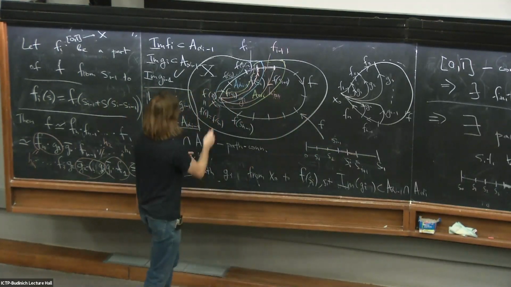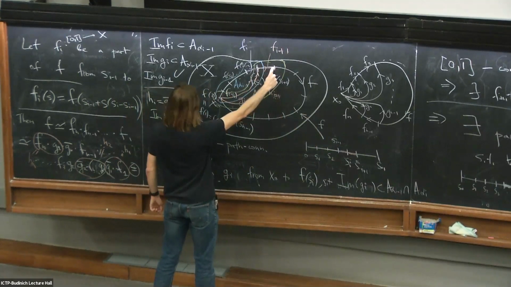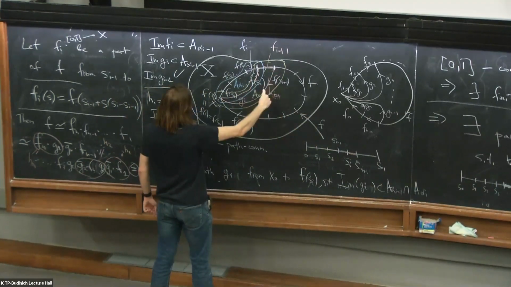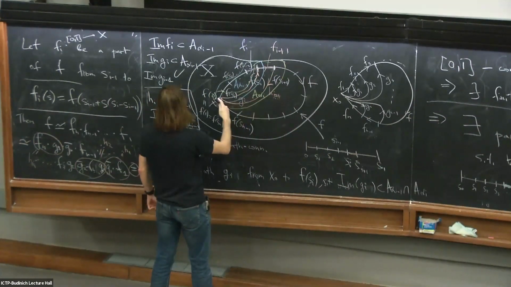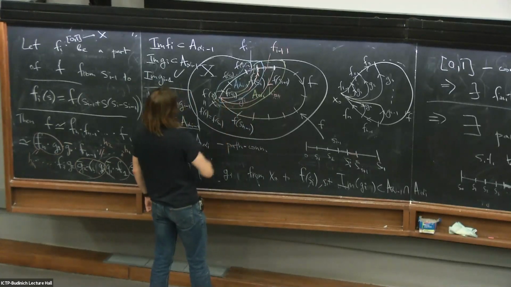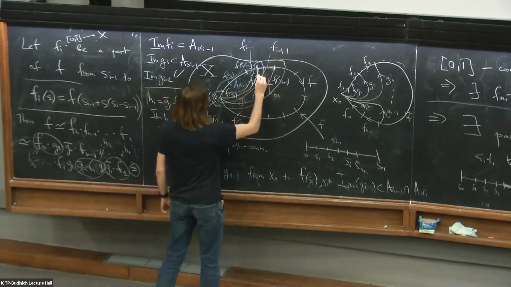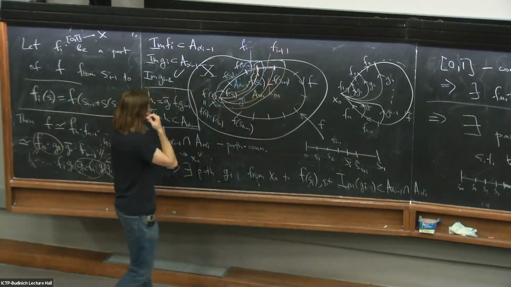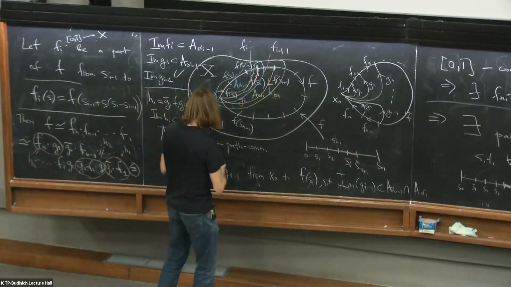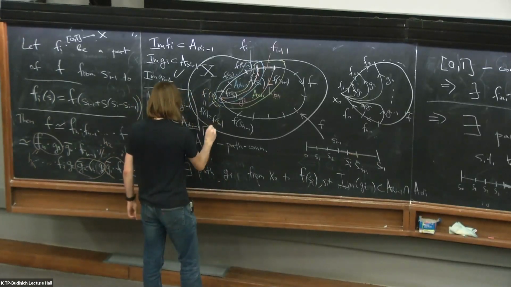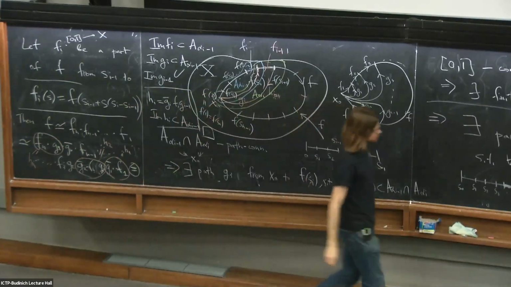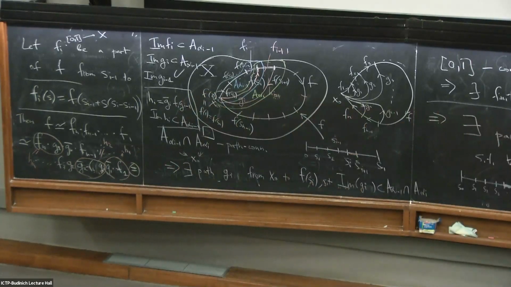It follows first Gi, then it follows Fi plus 1, and then it returns along Gi plus 1 bar. This is our loop, and by construction it belongs to one of these. So this concludes the proof of the lemma. Are there any questions?